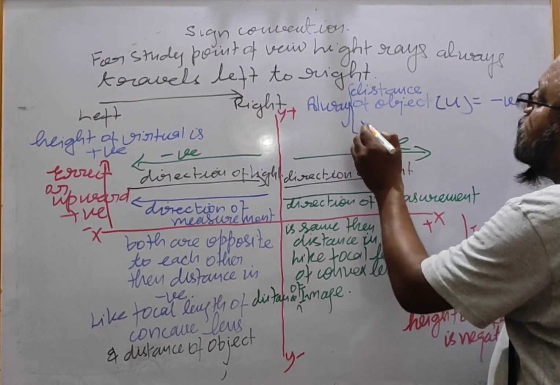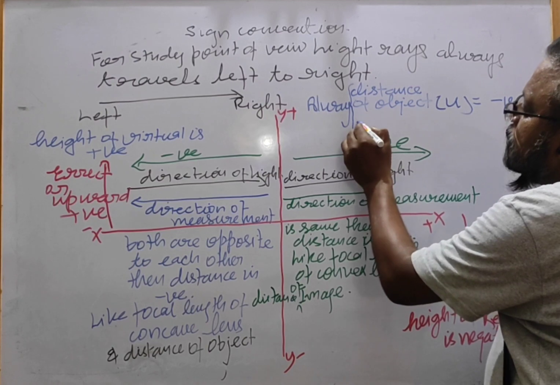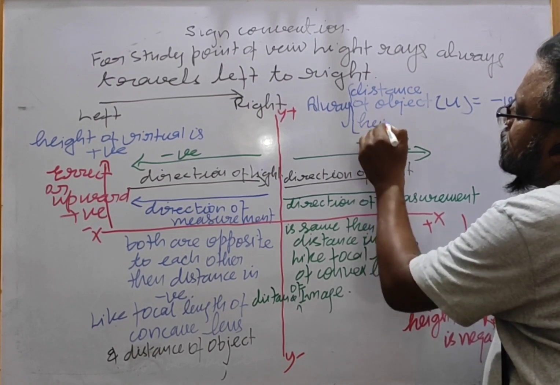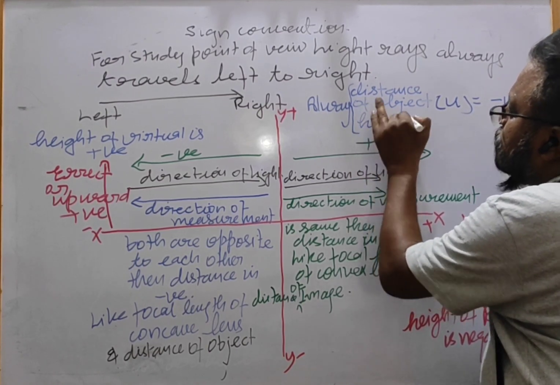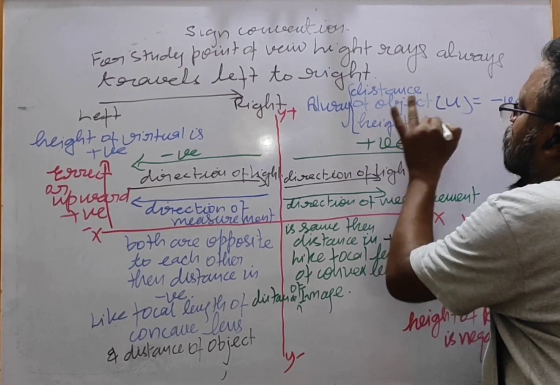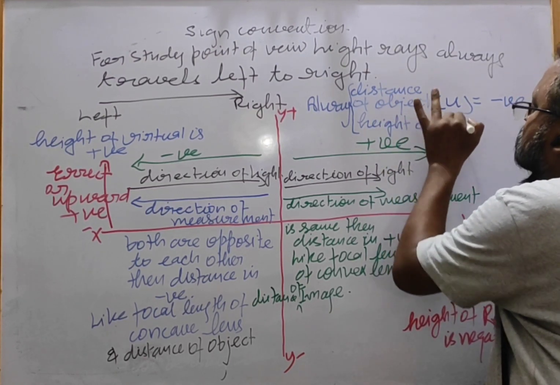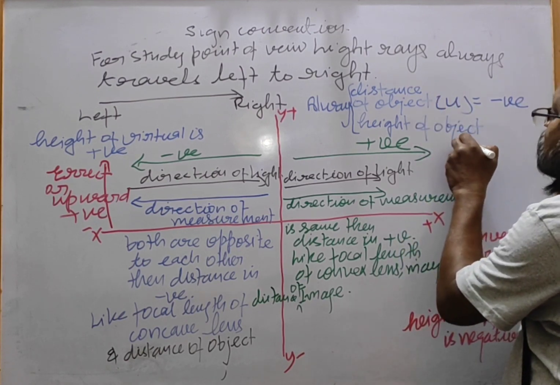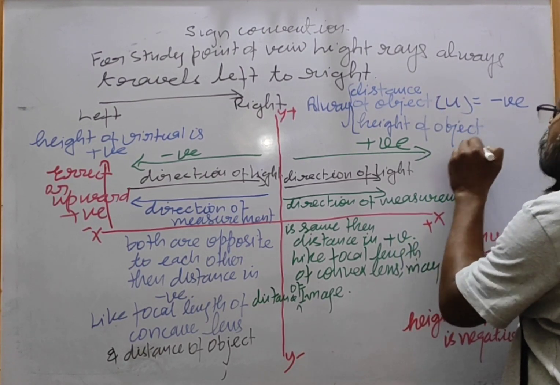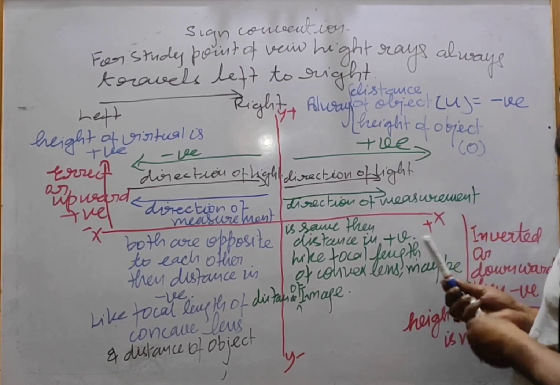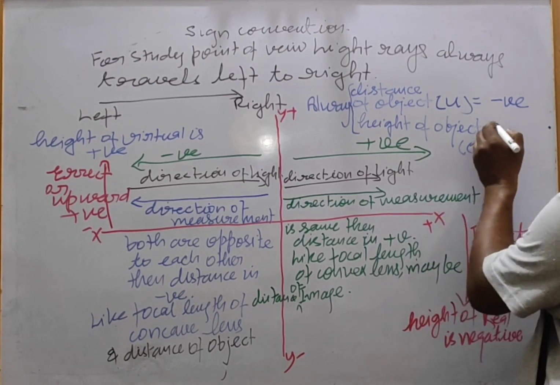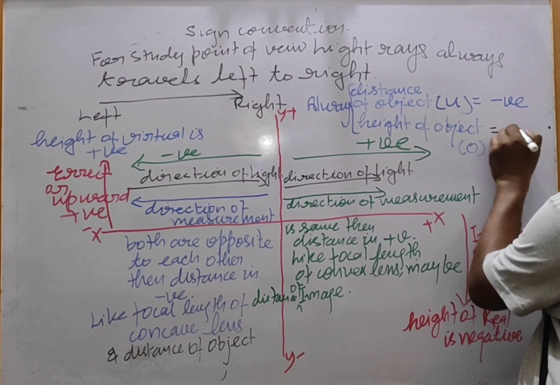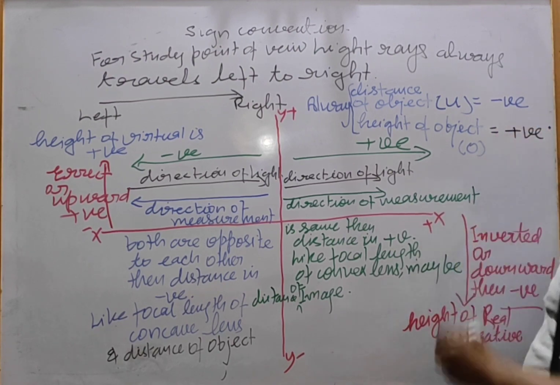And height of object, which we always represent by O, is always positive, right?